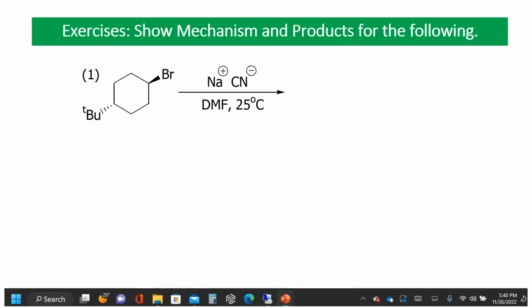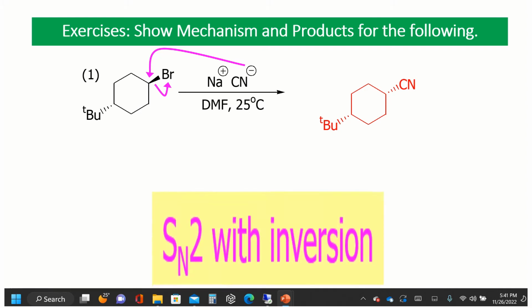We could ask for this sort of mechanism, and you can see here another inversion.